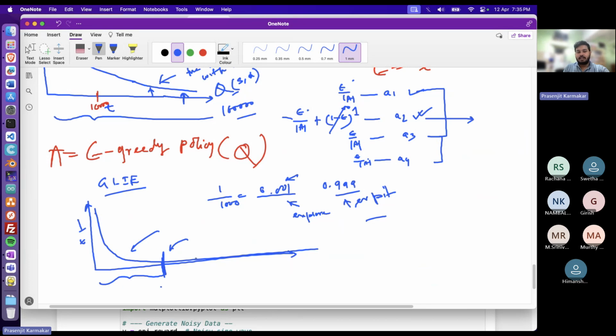Let's say 1 over t dies at 1000, but I need to go till, let's say, this 10,000 point. I need to go and explore till 10,000 and then keep at some non-zero exploration trade-off, right?